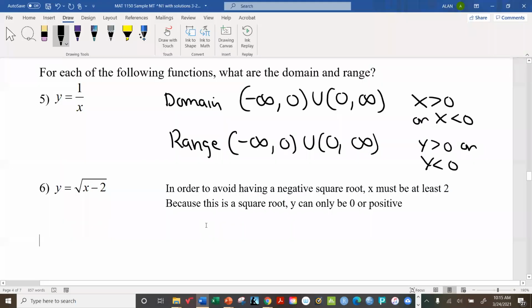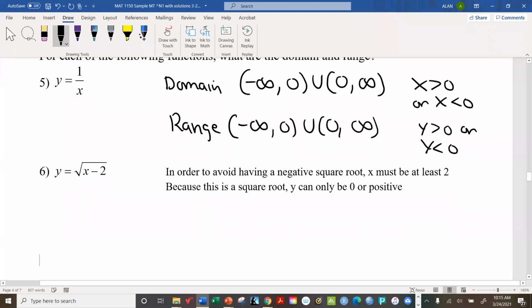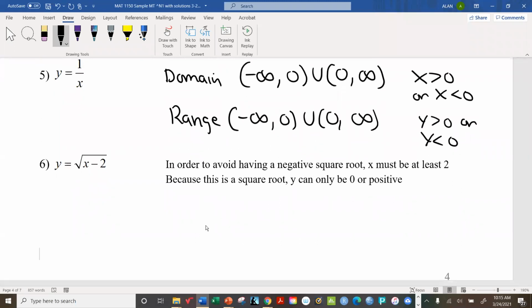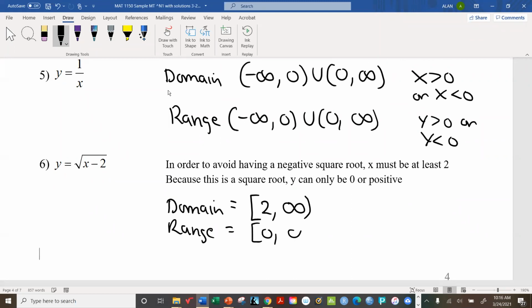So we'll tie this together and say, all right, well, if that's the case, then the domain must be, sorry, this time we will need the square bracket because we can have a 2. For the range, we can have 0 and everything above that.